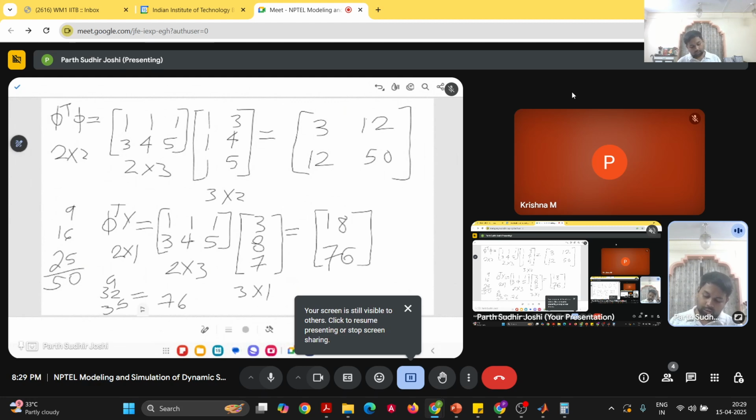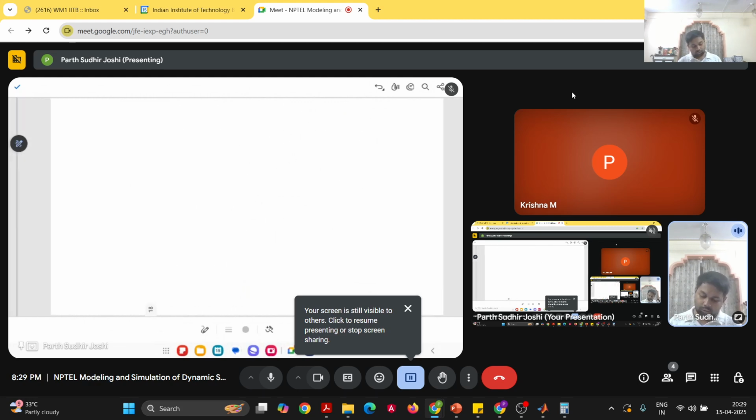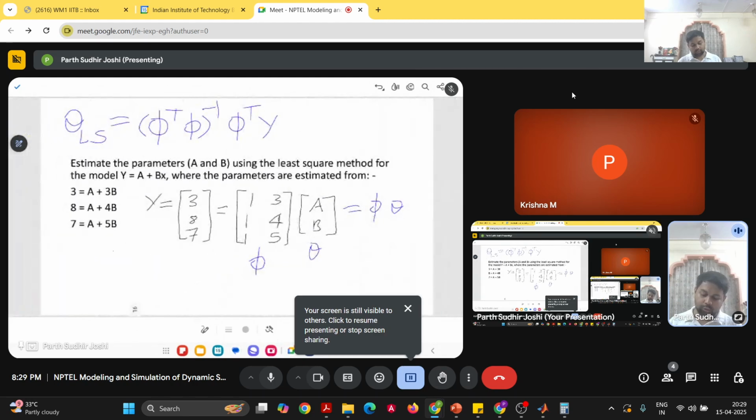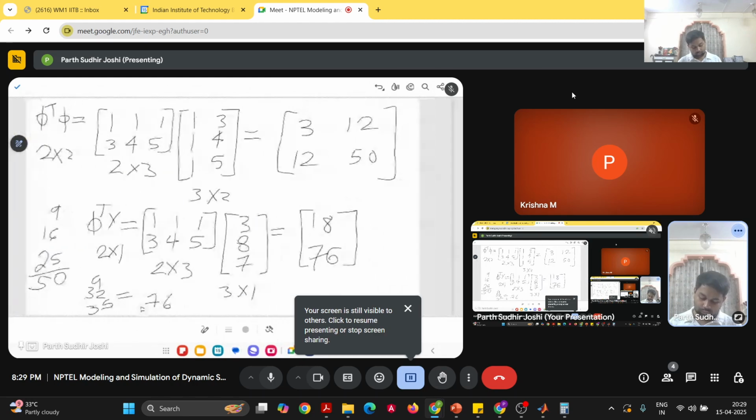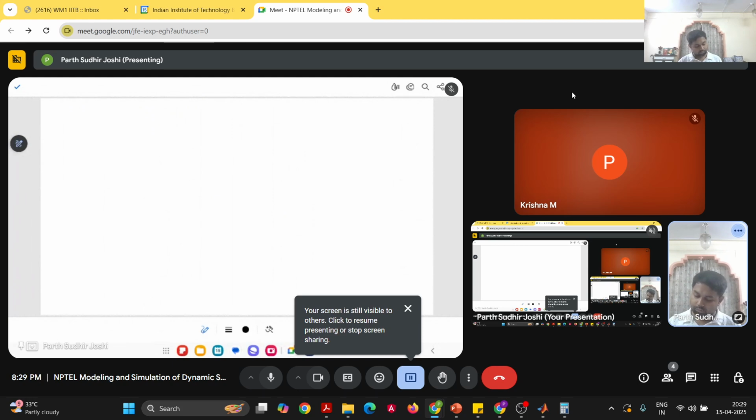Now we have to find out phi transpose phi inverse. So for that we will first find out what is the determinant of phi transpose phi.